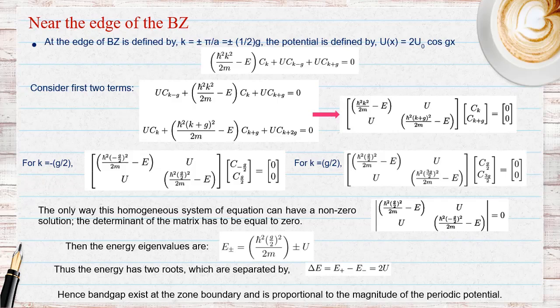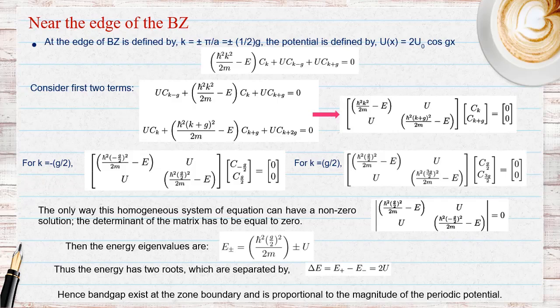Thus the energy has two roots, E plus and E minus, and the separation between these two energy levels we can represent as delta E, that is E plus minus E minus, which is equal to 2 times U. Hence from this we can conclude that we are able to predict the existence of a band gap.